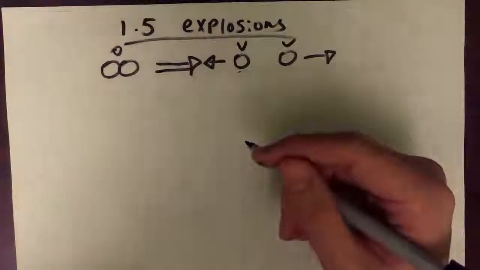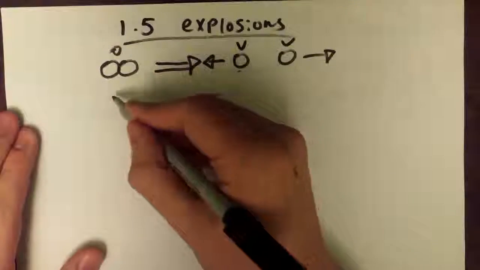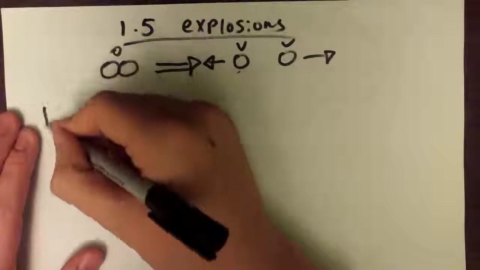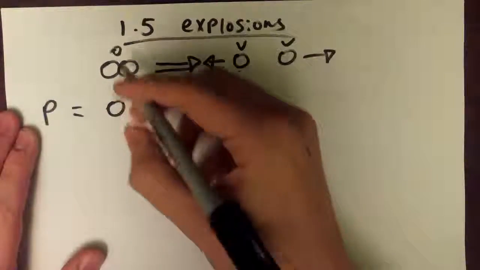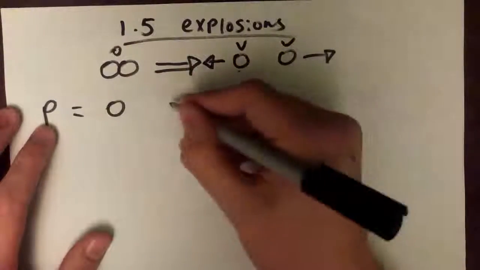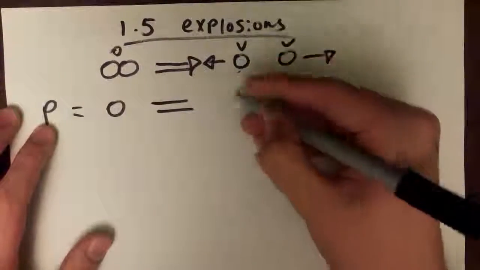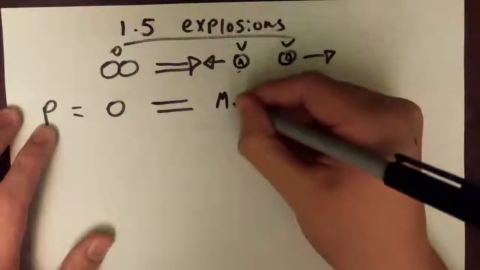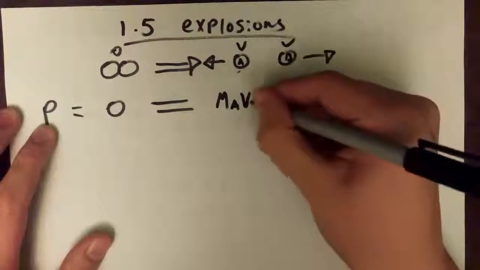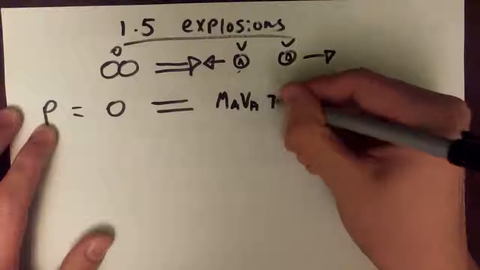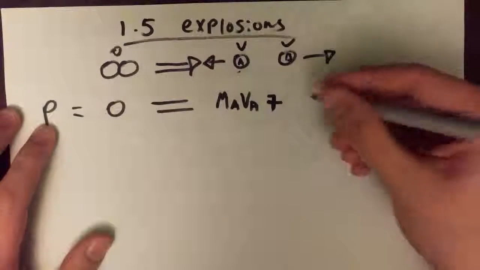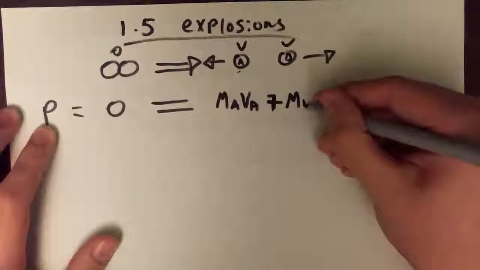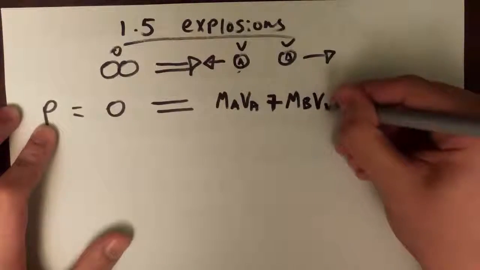Now, to write this in a formula, we have 0, the momentum is equal to 0 because the velocity is 0, will equal the momentum of A, so mass of A times velocity of A, plus the mass of B multiplied by the velocity of B.